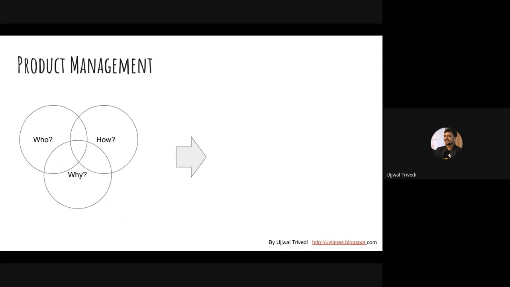But very quickly, trying to understand what product management is. Essentially looking at the problem, right? Very quickly we can divide it into whose problem is it, how you are solving, and why you are solving, right? Who gives you a great answer about your user base or your target audience.